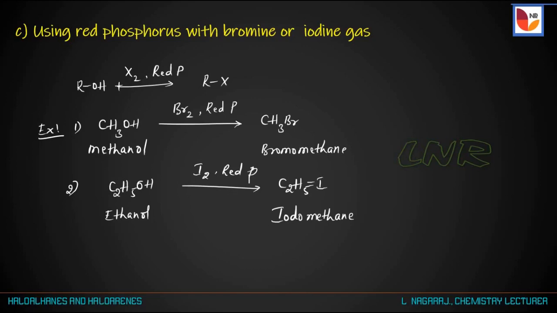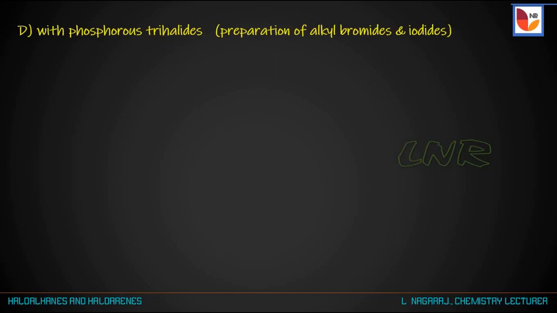And let us take one more method to prepare the alkyl halide from the alcohol by using phosphorus trihalides. That is, ROH reacts with the phosphorus trihalides, that is, it contains 3 halogens, PX3. It gives the product RX, and the phosphorus is eliminated as a byproduct.